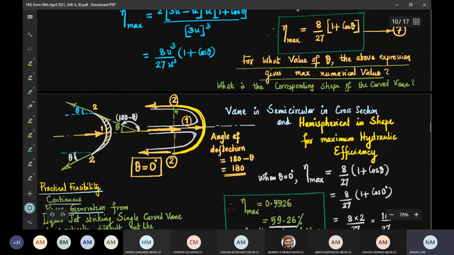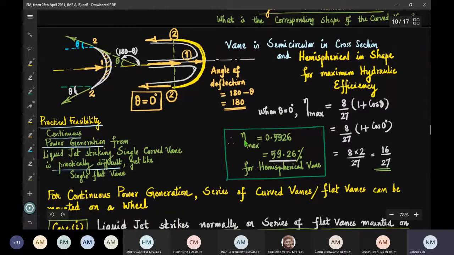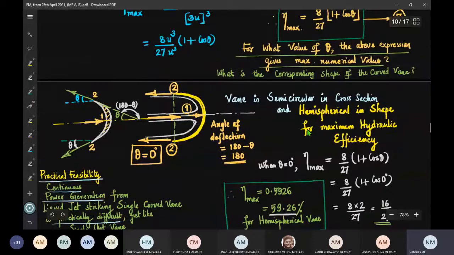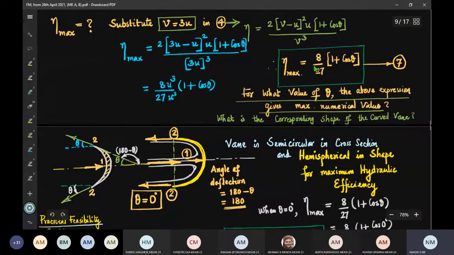When theta is 0, that means the vane becomes hemispherical. We explained already: theta is 0, the vane will have a hemispherical shape, or semicircular in section. So when theta is equal to 0, the angle of deflection is 180 minus theta, 180 minus 0, that is 180 degree. And then what will be the numerical value of this maximum efficiency?